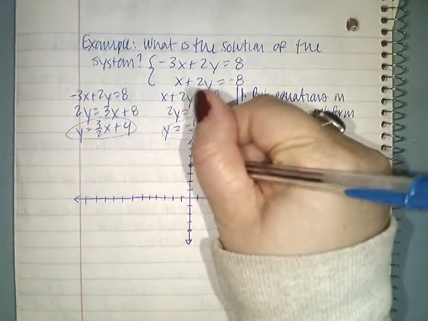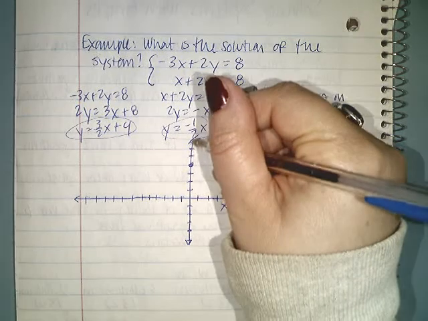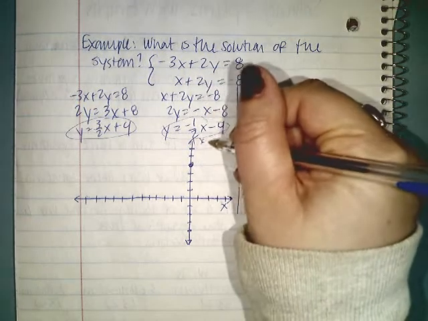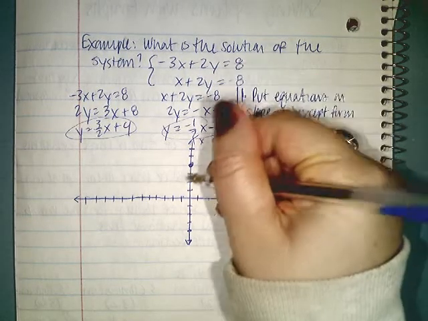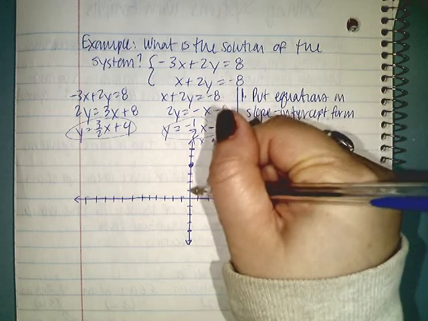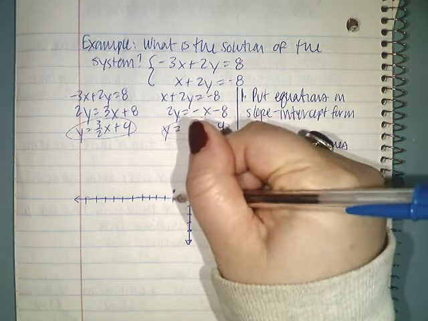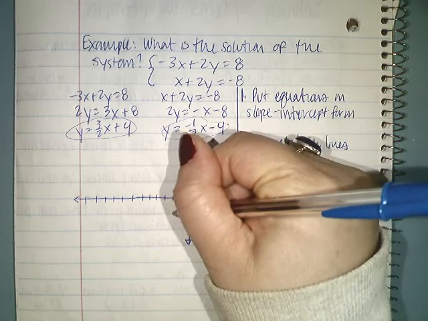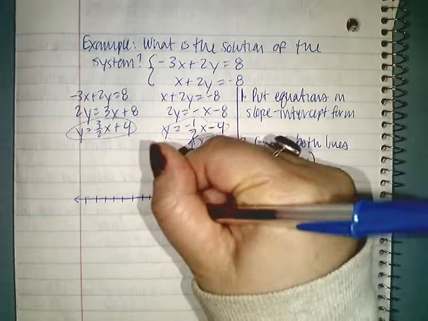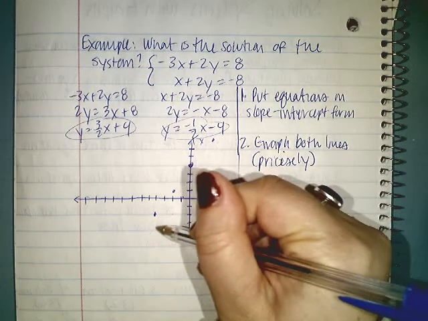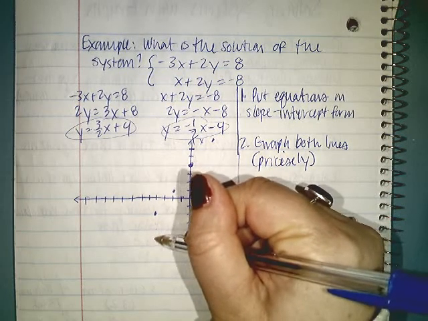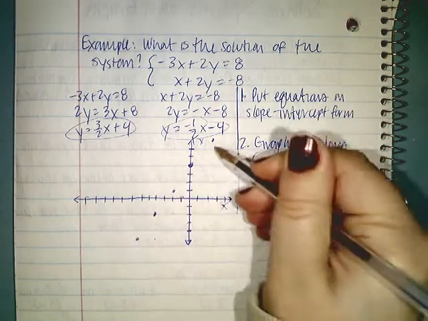So I go up to 4, put a dot, and it's a positive slope of 3/2, so I go up 3 over 2. So if I imagine this one would be about up here, I can go down 3 over 2 the other way, and again down 3 over 2 the other way, and down 3 over 2 the other way.